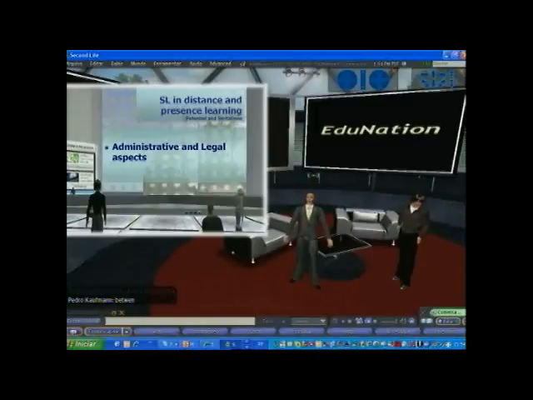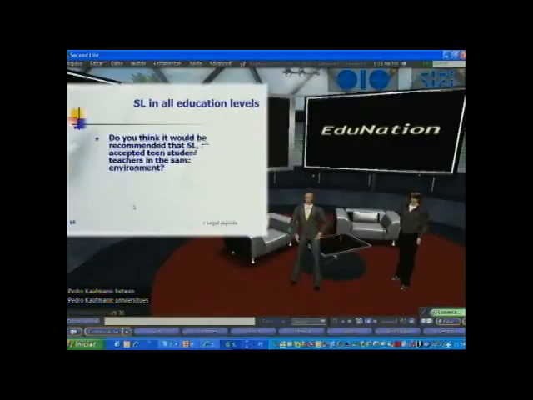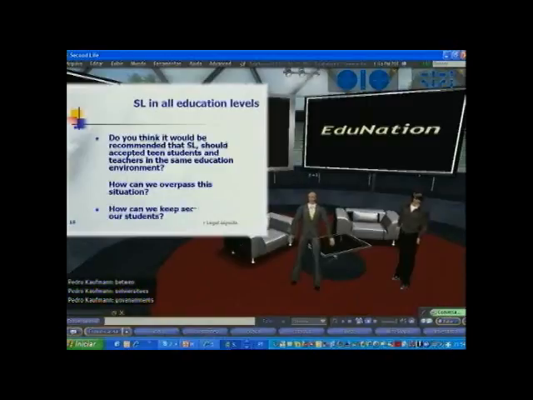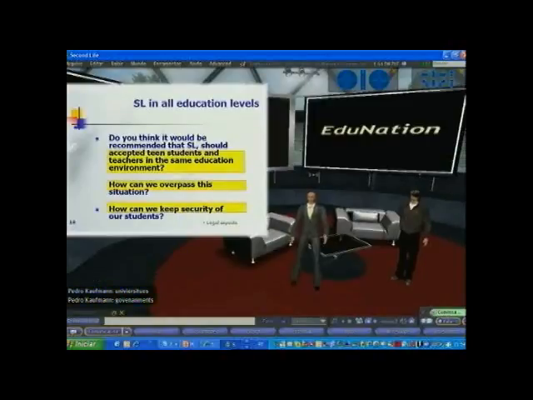I would like to hear a comment from you about this aspect. Do you think we should recommend that teen students should be accepted in the same environment as the teachers? Or can we overpass this?